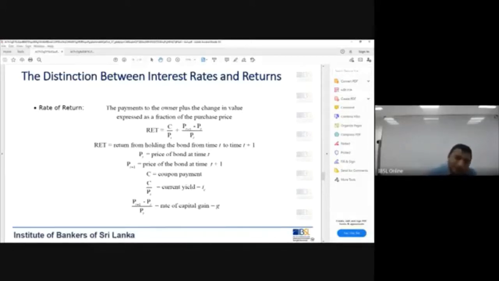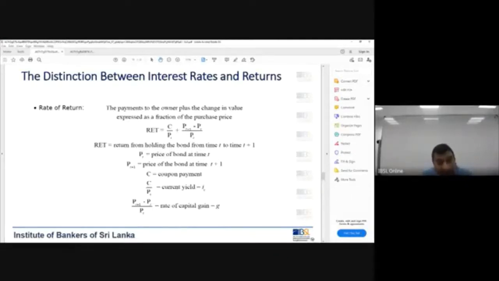So you receive that coupon periodically, but the price changes. Based on the price, the current yield also changes. The change in this price opens up an avenue for you to look at what price you purchased at versus the current price.